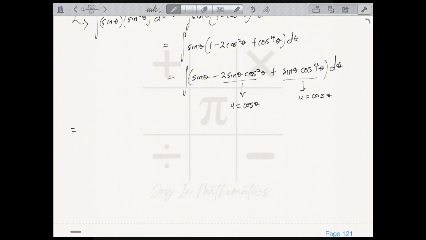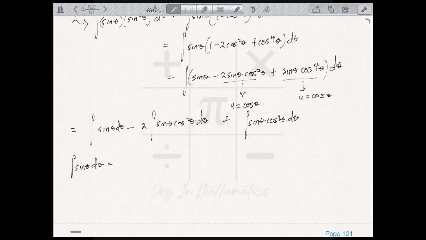We have the integral of sin theta minus the integral of 2 sin theta cos squared theta, remember we are integrating with respect to theta, plus the integral of sin theta cos raised to power 4 theta d theta. Now we know that integrating sin theta d theta, you will have minus cos theta plus c.